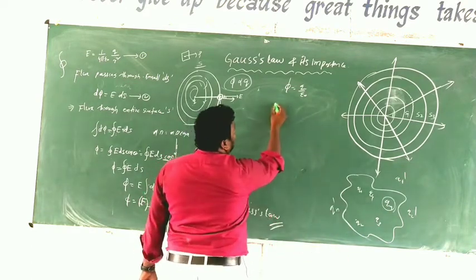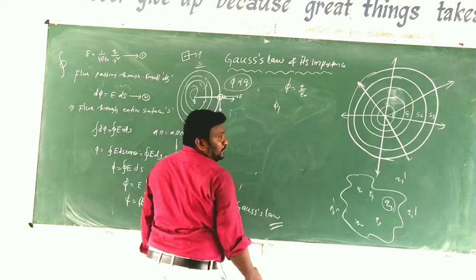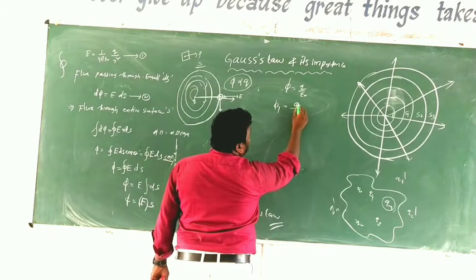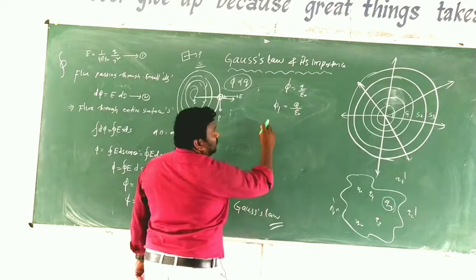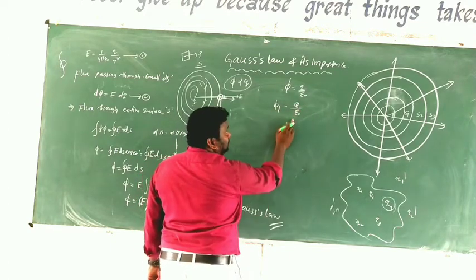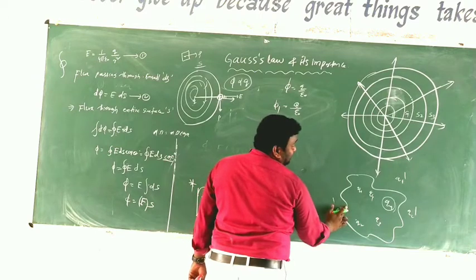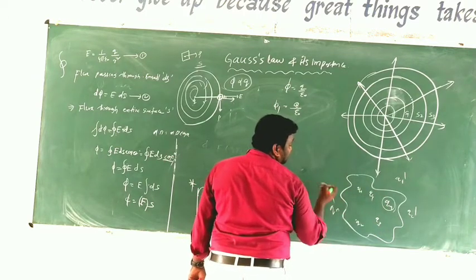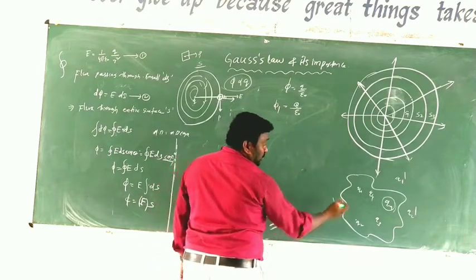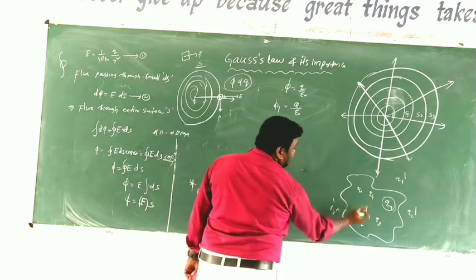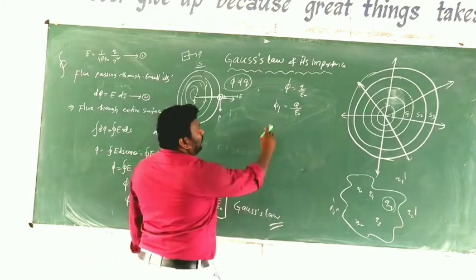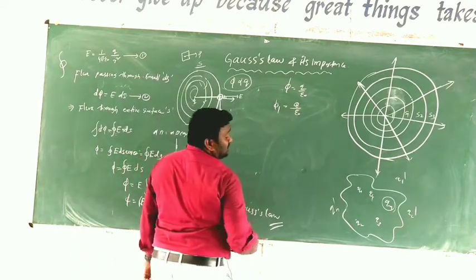That's why I write phi 1. Phi 1 is equal to Q1 by epsilon naught. Here what is Q1? It is the sum of all individual charges in the surface. That means Q1 is equal to Q1 plus Q2 plus Q3 plus Q4 and so on. This is Q1 by epsilon naught.